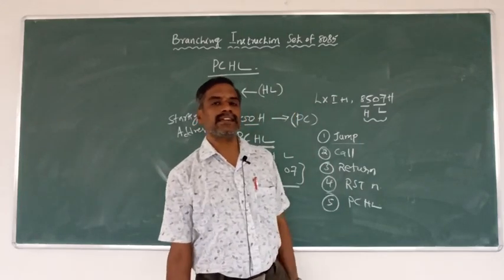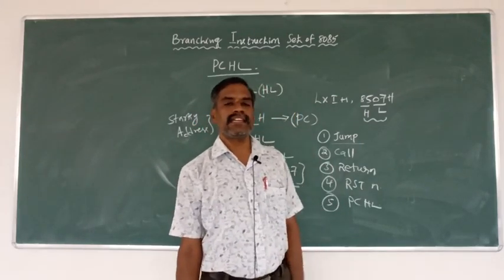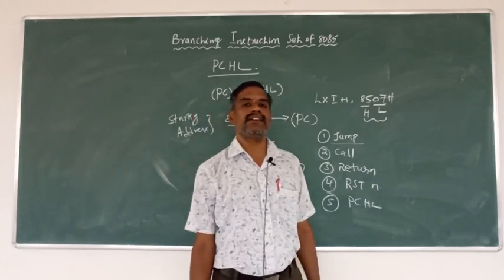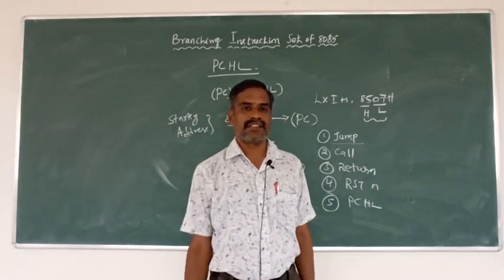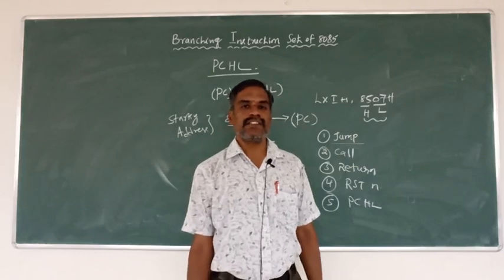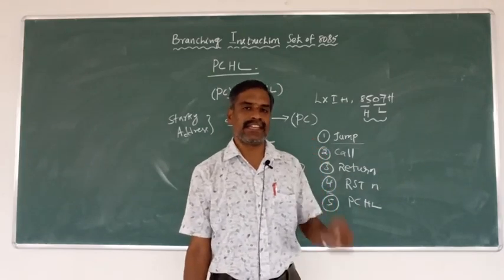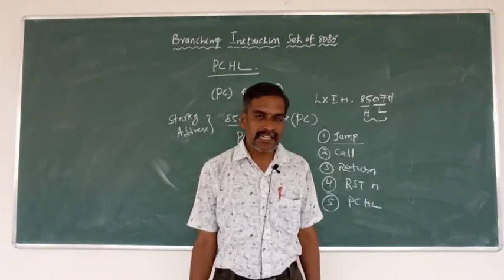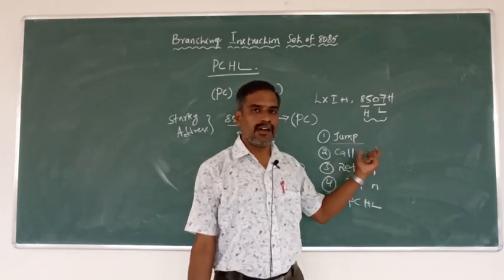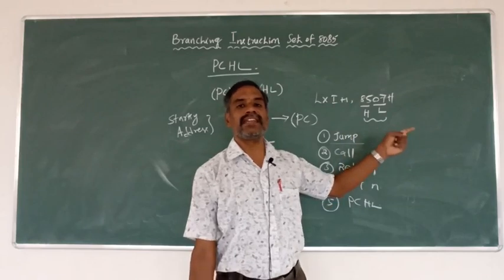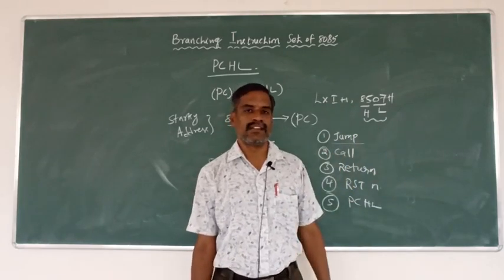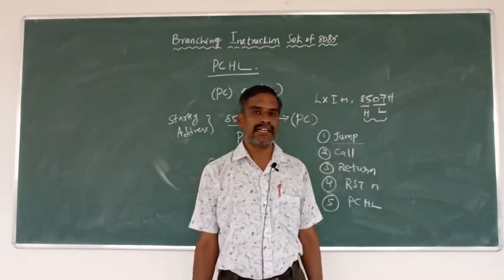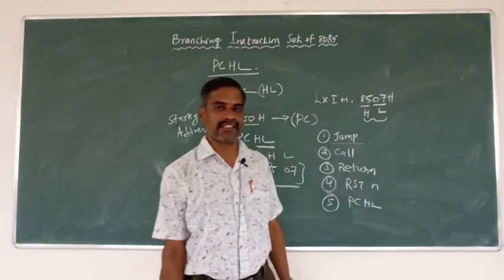There are 8 conditional jump, 8 conditional call, and 8 conditional return instructions. It will check whether that condition is satisfied. If the condition is true, it will return, call or jump to the given 16-bit address location. Otherwise, it executes the next address location data.